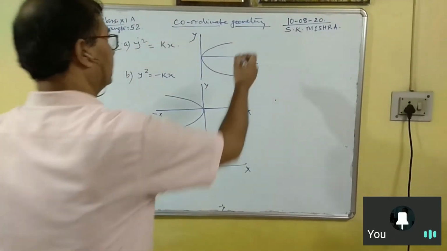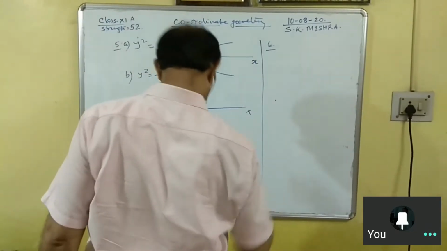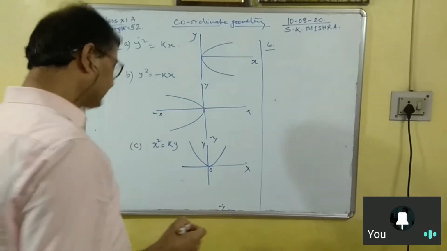But in the sixth type, now we are taking y is equal to ax plus bx square.